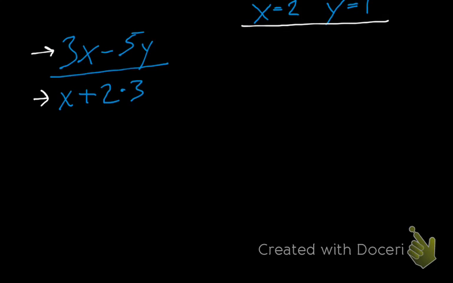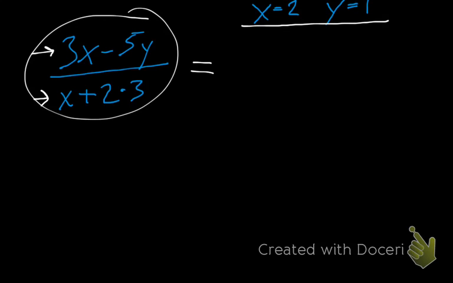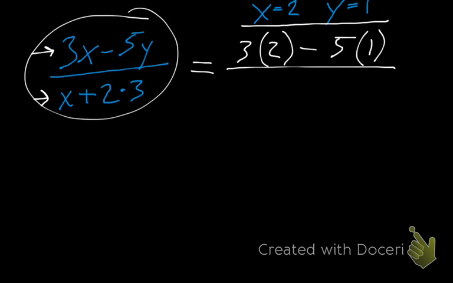So I'm going to say that this whole thing is the same as this: 3 times 2 minus 5 times 1, all over 2, because x here is 2, plus 2 times 3.